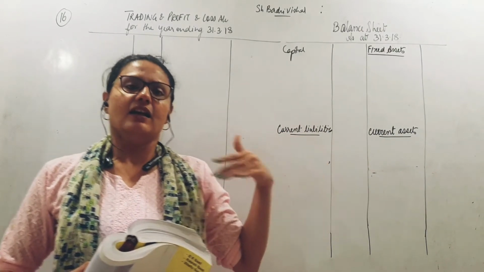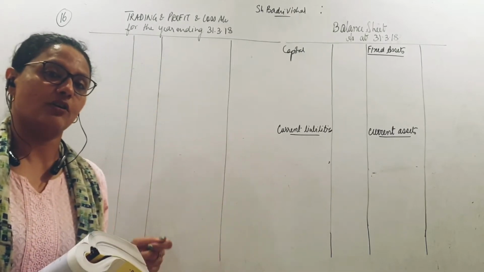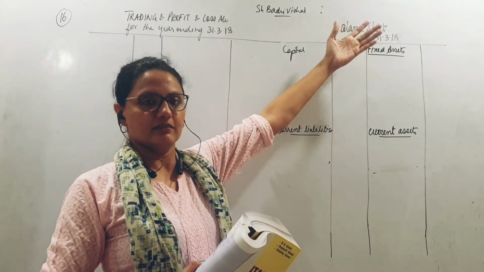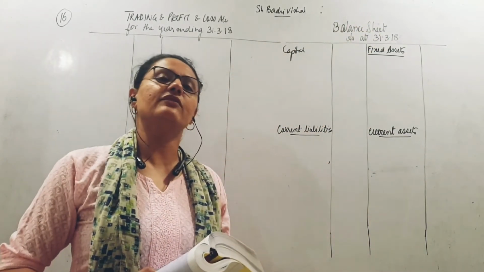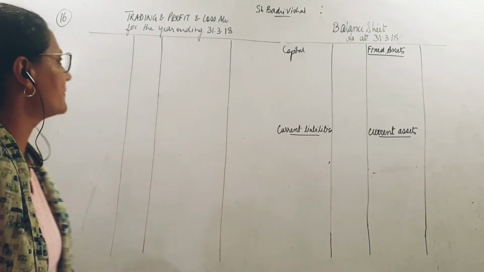Now you can be asked to make the balance sheet in the order of liquidity also. So it will be reversed. We will put liquid, current assets first and then fixed assets. Similarly, current liabilities and then we move on to capital. It is just a way of presentation, everything else is the same.